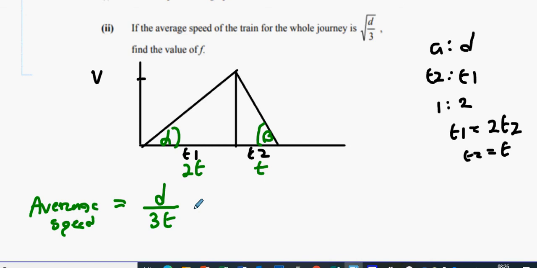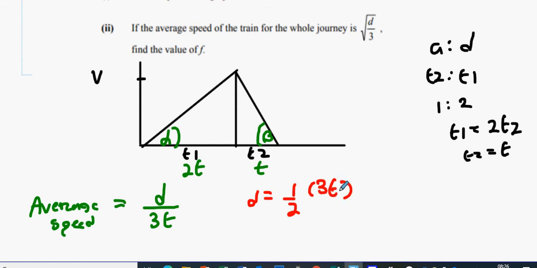Which is grand. Now, can anybody get me the d value? The d value is the area of the entire graph. Half base times height. So what's the length of my base? 3t. So d equals a half times 3t.